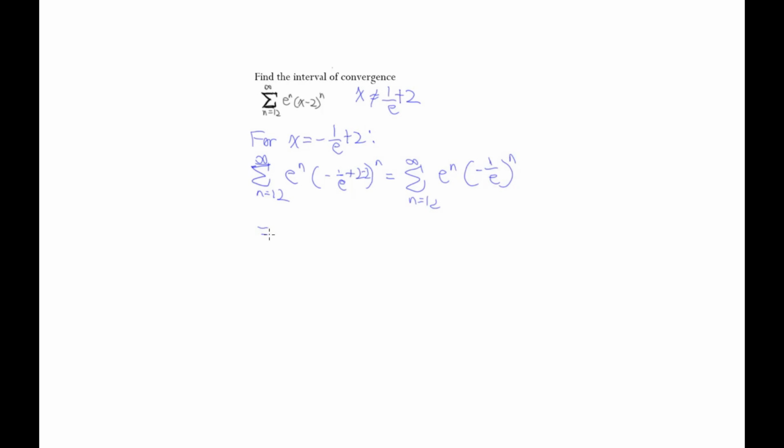Once again, we can factor out that n, which leaves us with that as our result.